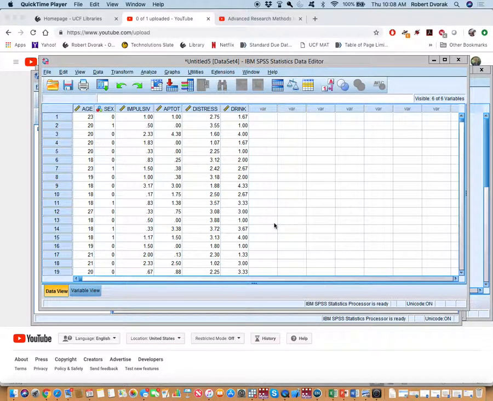Okay, so what we have here is some data on impulsivity, distress tolerance, alcohol use, and alcohol problems. The basic hypothesis here is that impulsivity is moderated by distress tolerance.